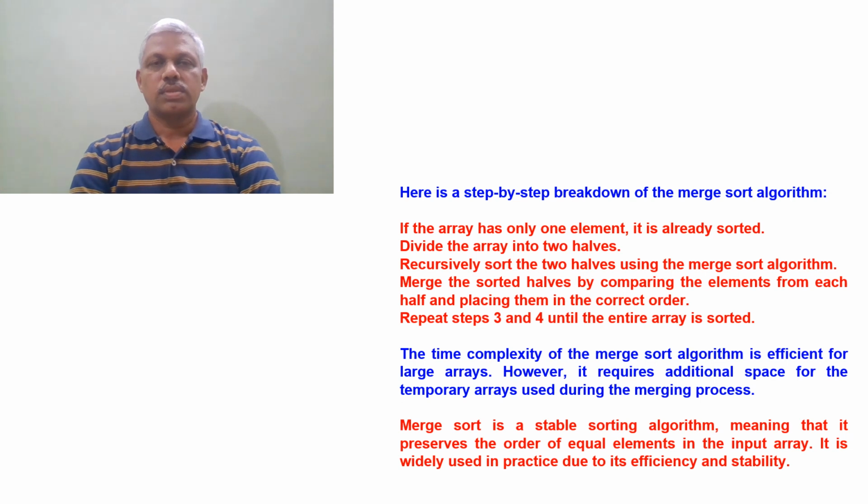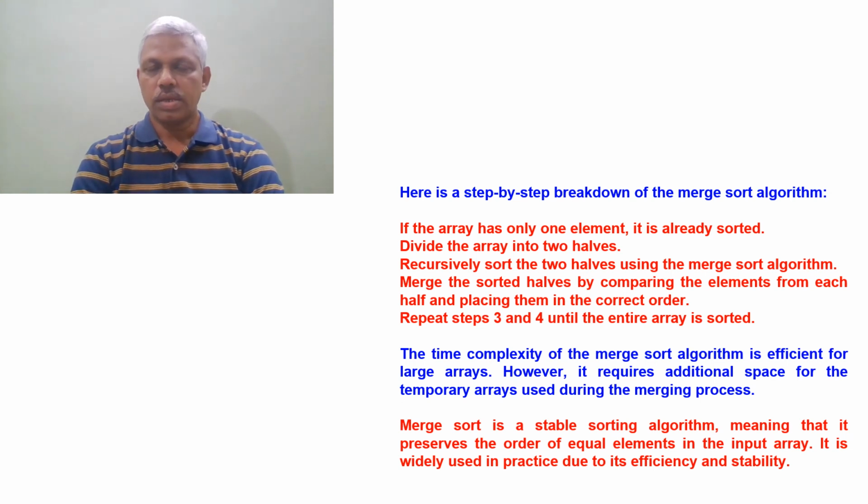Now, this algorithm is much better when compared with others if the array is of larger size, and the time complexity is also very good, efficient. But of course, it requires additional space because we need to divide into smaller and smaller subarrays, and we need to remember them until they are merged.